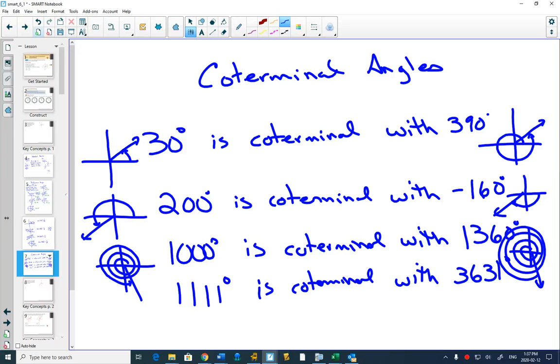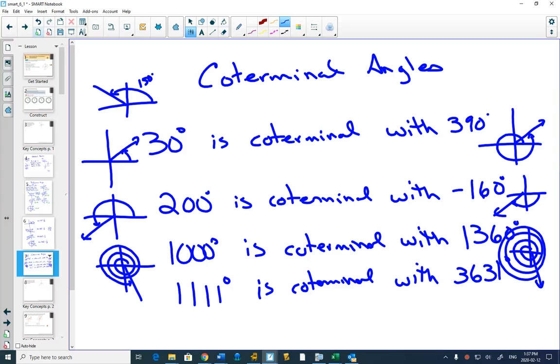And even 1,000 and 1,360? They have the same reference angle, but 30 degrees is not coterminal with 150. So that is something each of those have in common, but 150 is not coterminal with 30 degrees, even though they have the same reference angle. The terminal arm is in the same position.